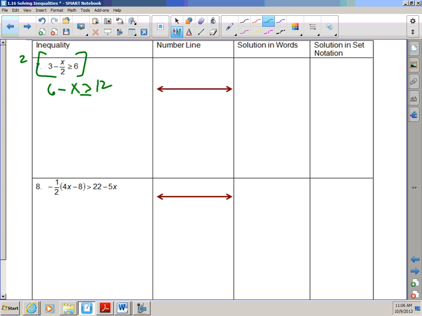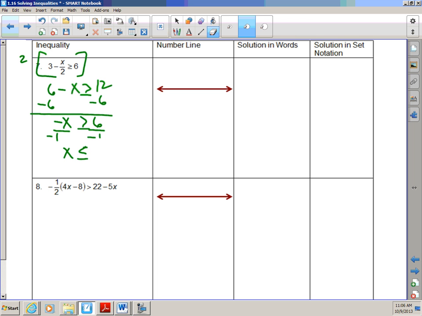Okay? Because I multiply all 3 terms by 2, otherwise the equation does not stay balanced. I subtract 6 from both sides. Be careful, negative x is greater than or equal to 6. I then have to divide or multiply by negative 1 to get x is less than or equal to, you can't see it there, a negative 6.